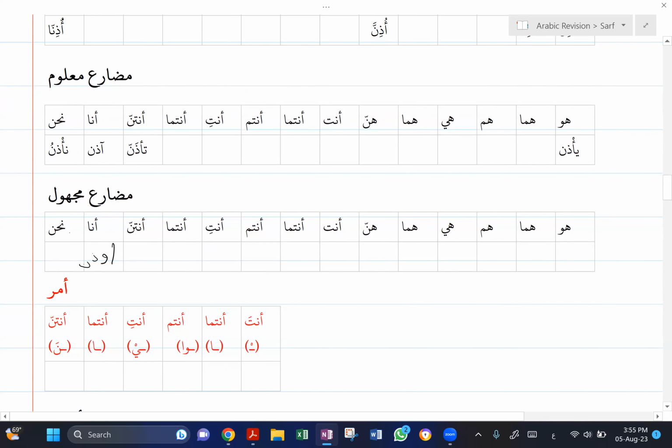Because here it was supposed to be أأذن, but then we don't like this, so we smooth it out. Becomes أوذن. Like that. But in نحن, there's no hiccup. It's just the one hamza only. So نؤذن. Okay.